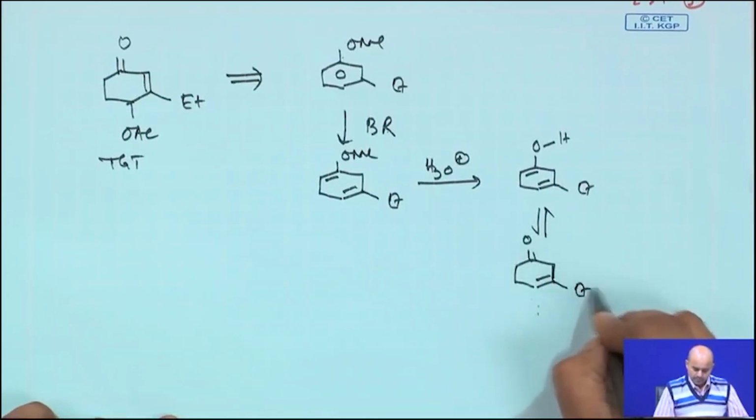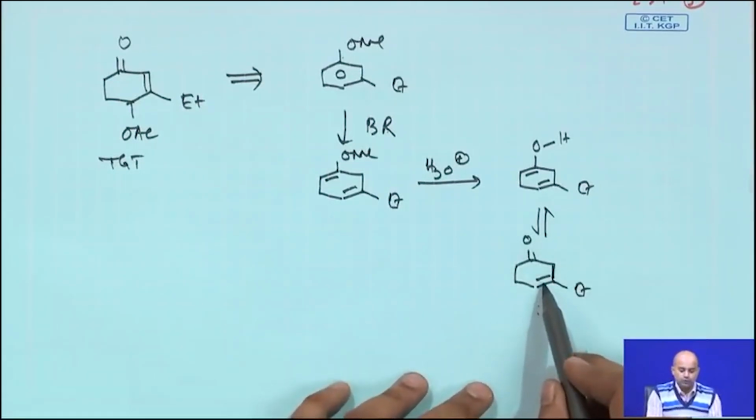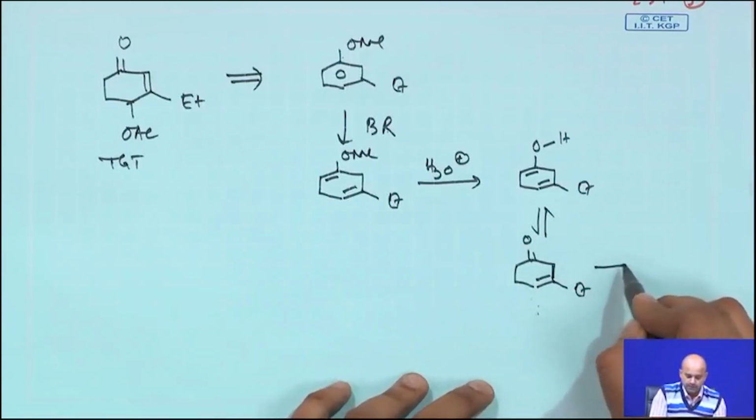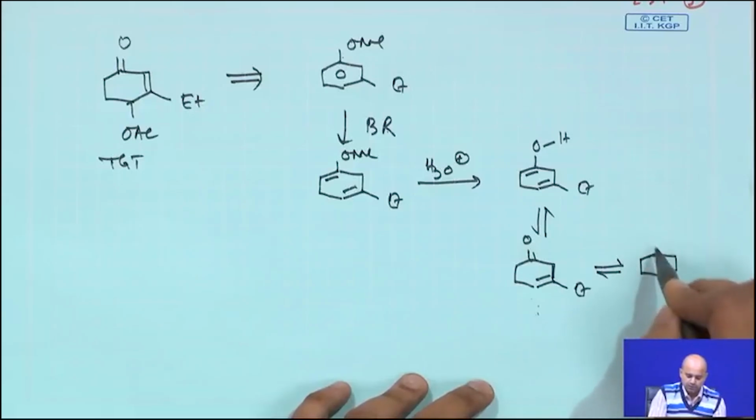this compound. Now, this compound is not the conjugated ketone. It can, in principle, again undergo an isomerization reaction to the more stable keto form.